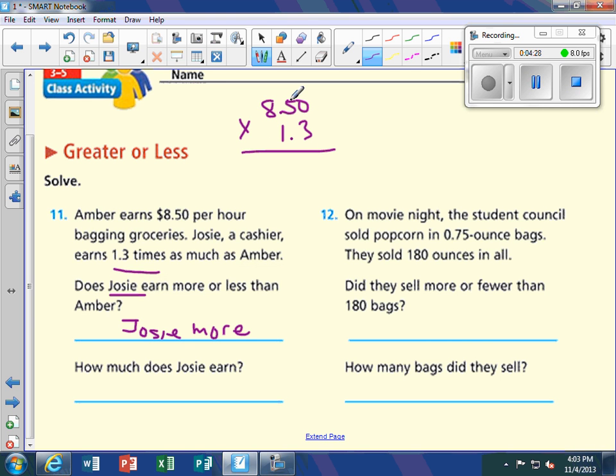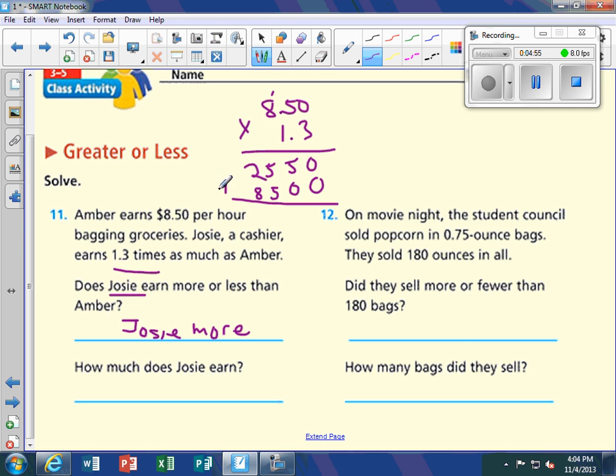Again, 8 times 1 would be 8. 9 times 1 would be 9, so I'm hoping you realize your answer is close to the $8, $9 range, maybe a little bit more. 0, 15, carry the 1, 24, and 25. Move over one place, 0, 5, and 8.